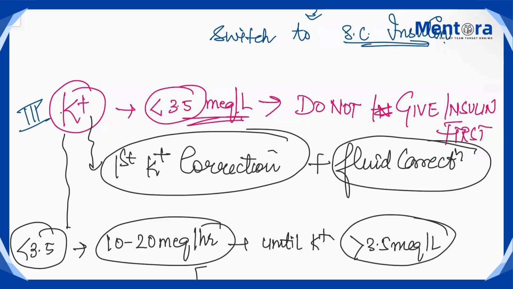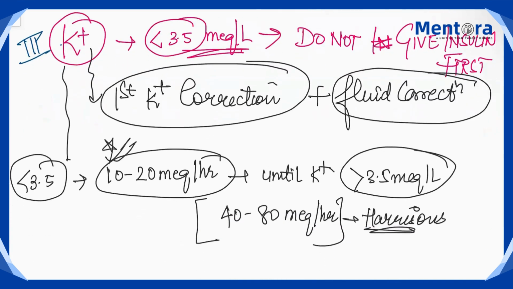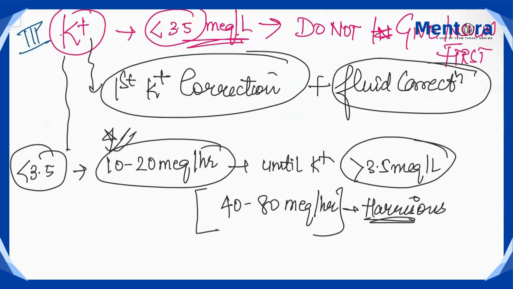Your Harrison says that you can give it up to 40 to 80 milliequivalent per hour also, but your UpToDate says that you have to use it in a range of 10 to 20 milliequivalent per hour. This is according to Harrison's. ठीक है. Until your potassium level is more than 3.5, you have to give this correction.